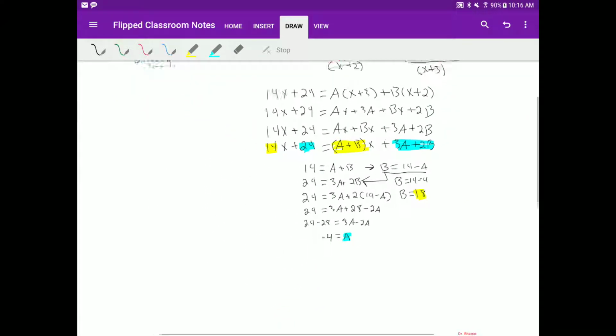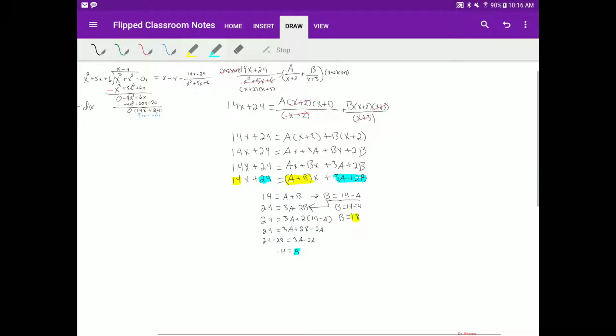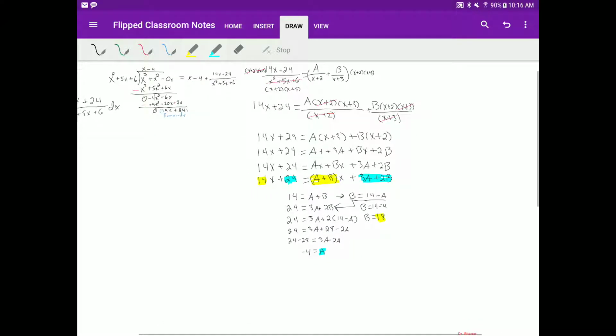All right, and we did all that work so that we can say that we know for certain that this up here is a over x plus 2, so we get negative 4 over x plus 2 plus 18 over x plus 3.